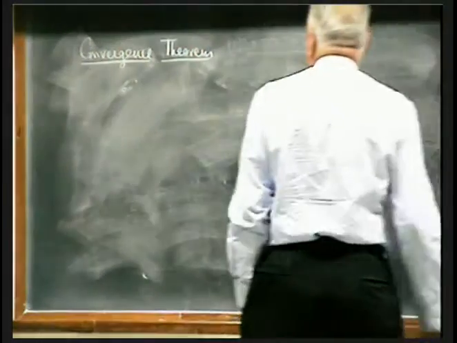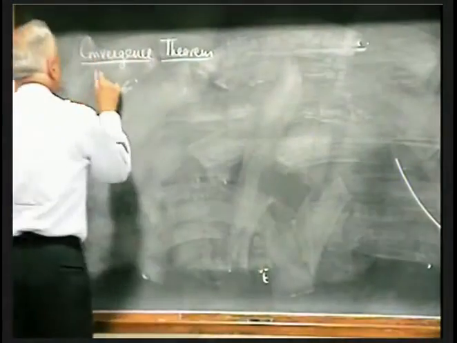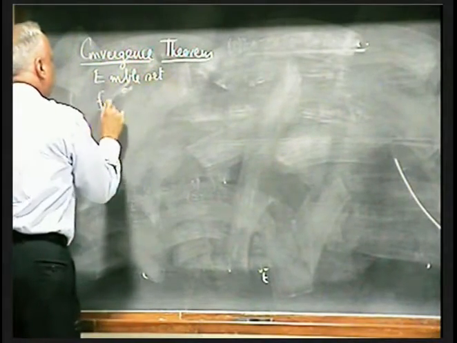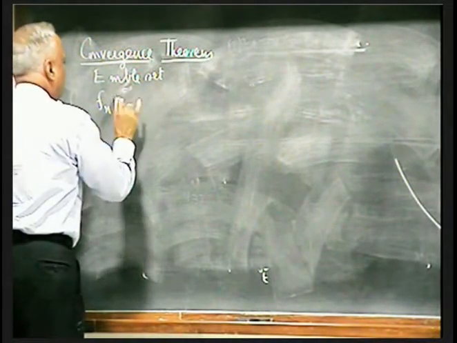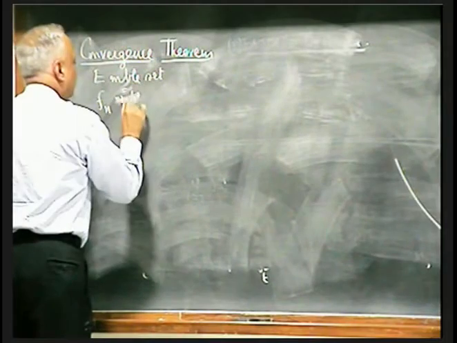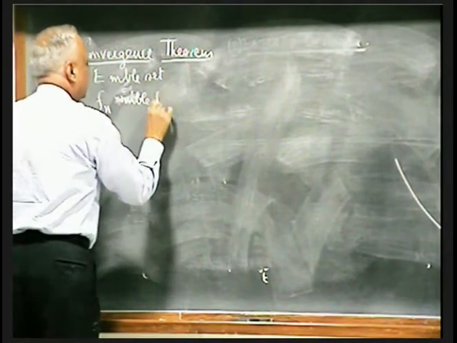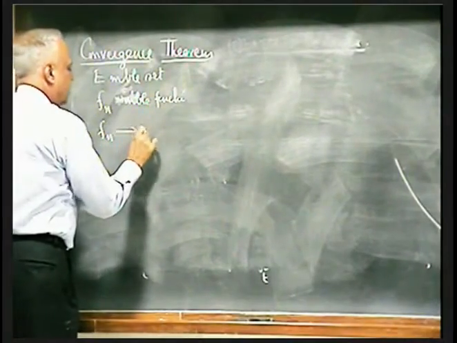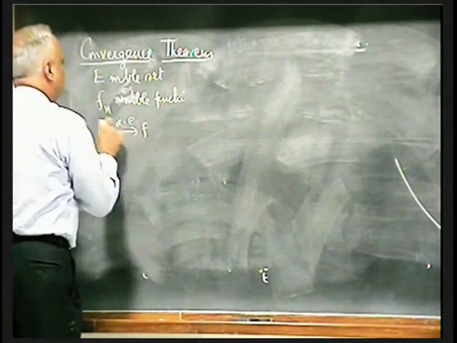So now I have E, any measurable set, and Fn measurable functions, integrable functions. Fn converges to F almost everywhere.